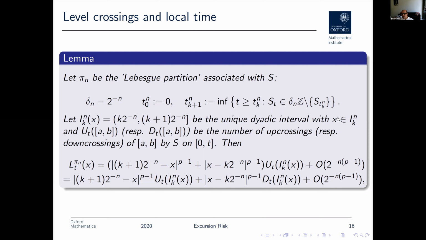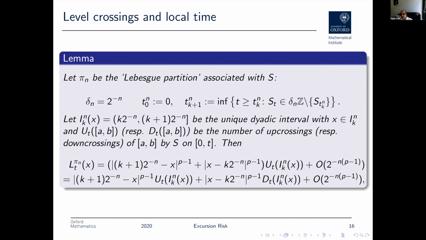We look at the number of up crossings or down crossings of this interval by the signal S. An up crossing means S goes from A to B, and a down crossing means S goes from B to A.